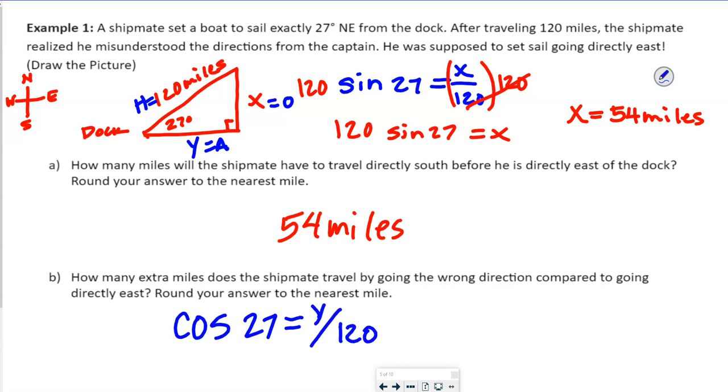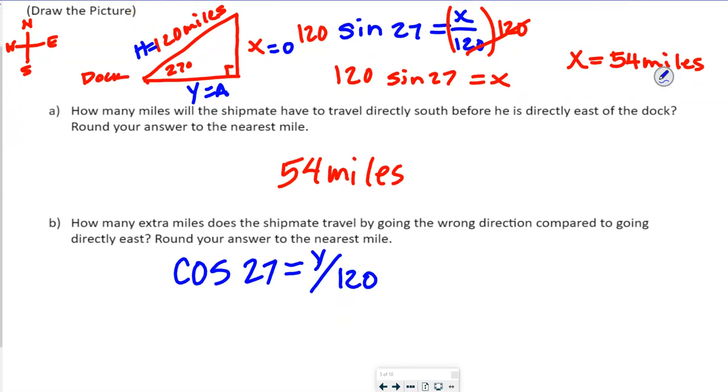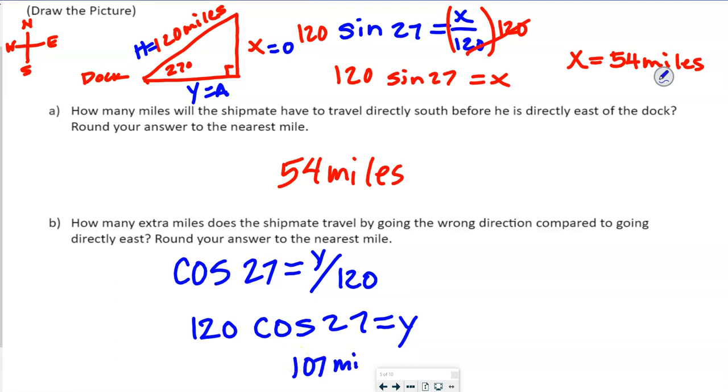We're going to multiply 120 times both sides, so 120 cosine of 27 is equal to my y here. When I did that, I got 107 miles.